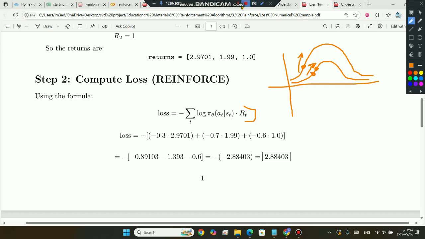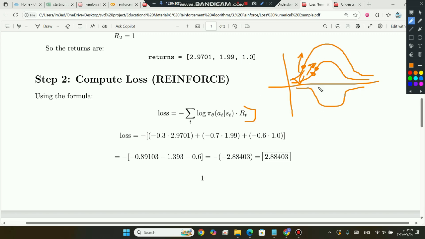Another case is the opposite. Let's assume that this action has actually resulted in negative rewards. We will multiply it by something negative, so it will turn in the other direction. In this situation, we will go in the opposite direction in order to reduce the probability of taking that action.